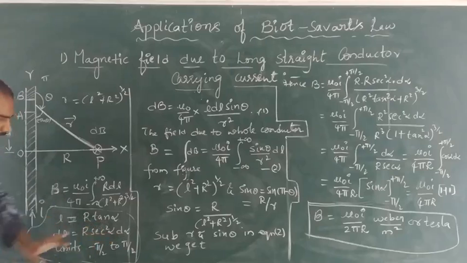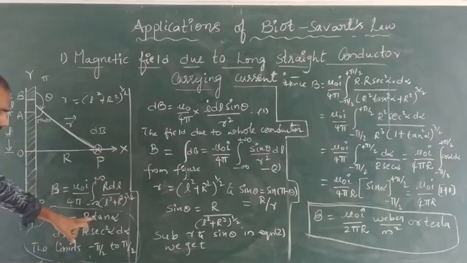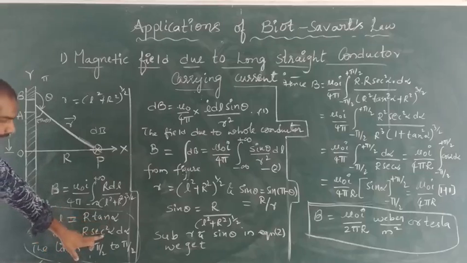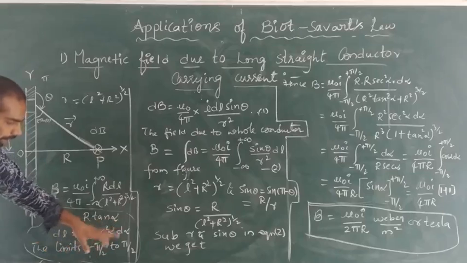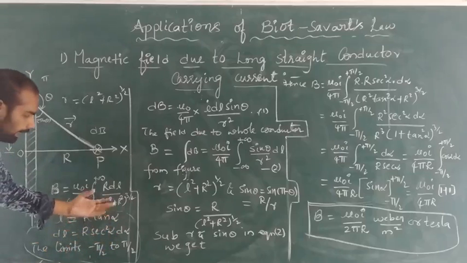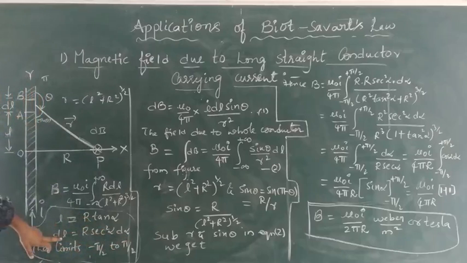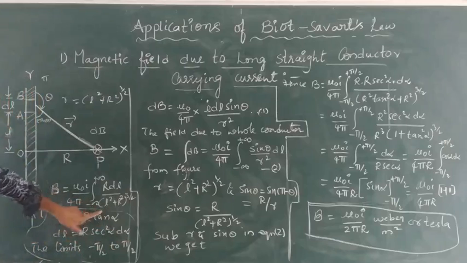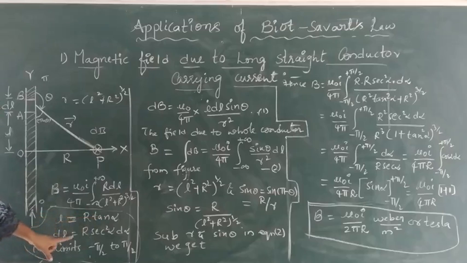Secant square alpha. R is constant, and the differentiation of tan alpha is secant square alpha into the internal derivative d alpha. So dl is equal to R secant square alpha d alpha.